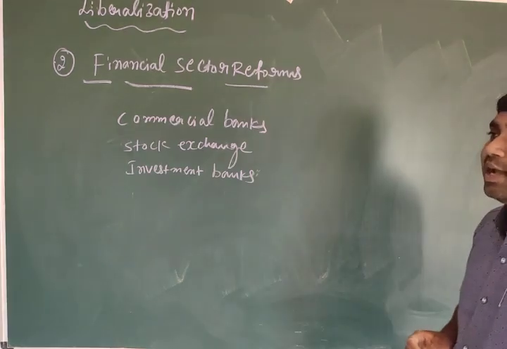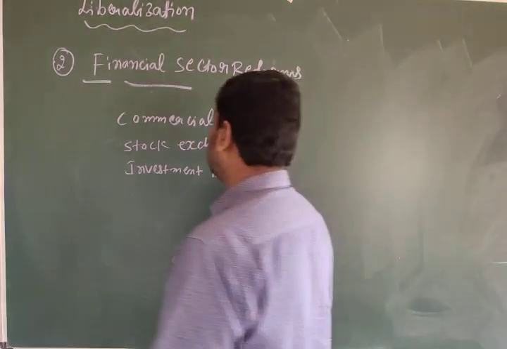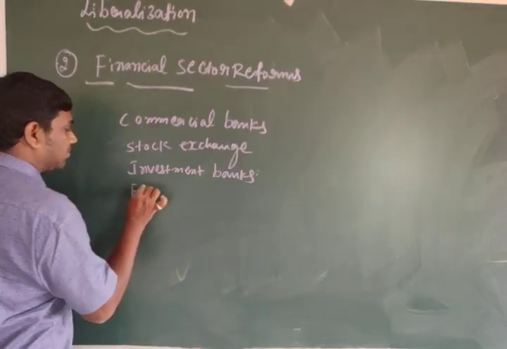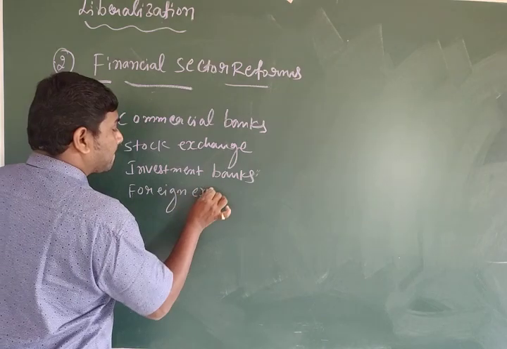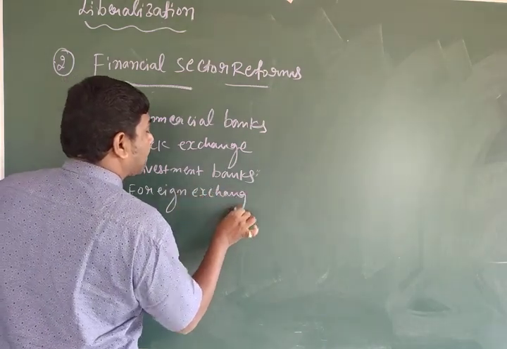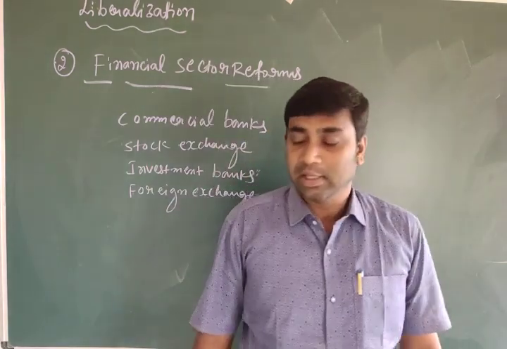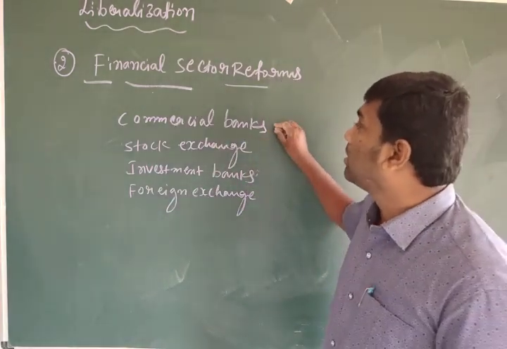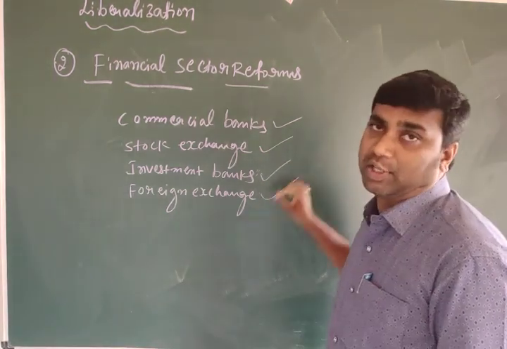So this financial sector completely belongs to the banking system. That is commercial banks, investment banks, stock exchange market, and even the foreign exchange market. So financial sector is nothing but it includes commercial banks, stock exchange market, investment banks, foreign exchange.